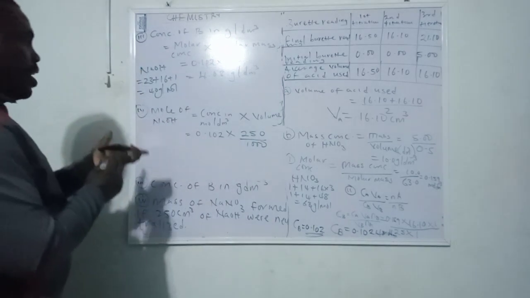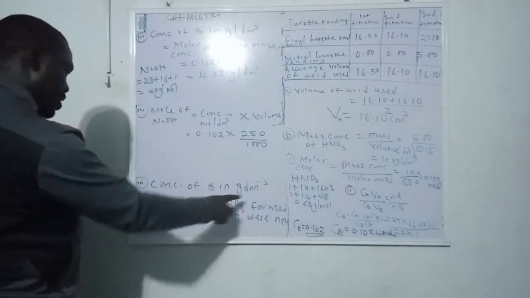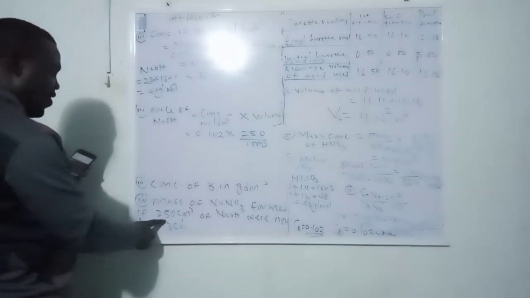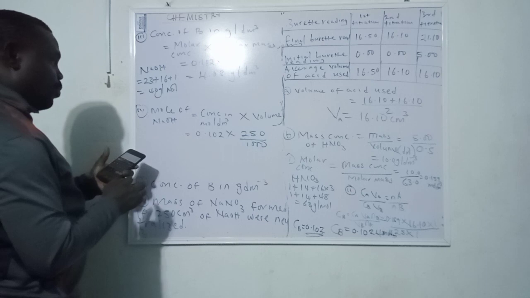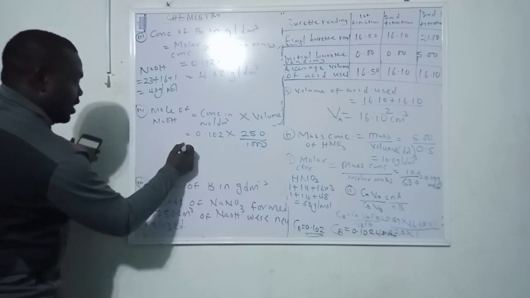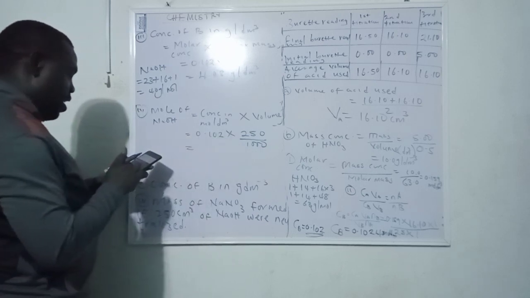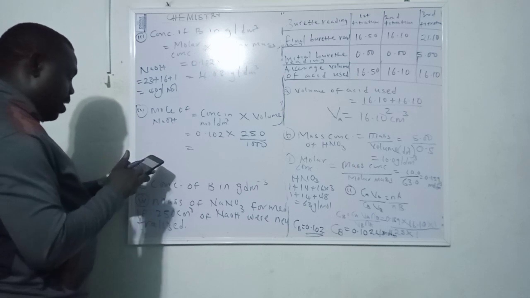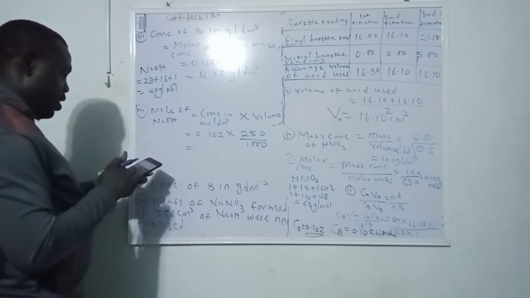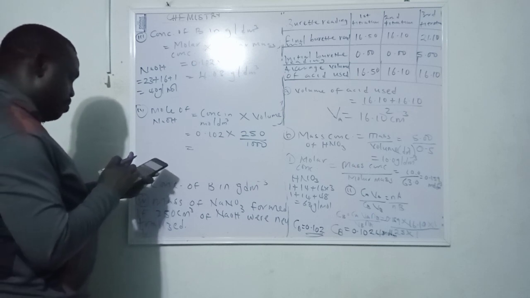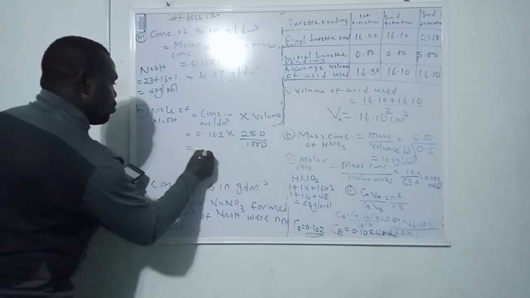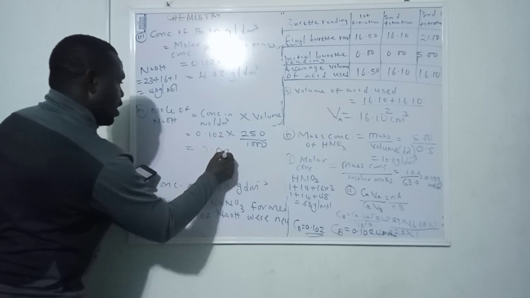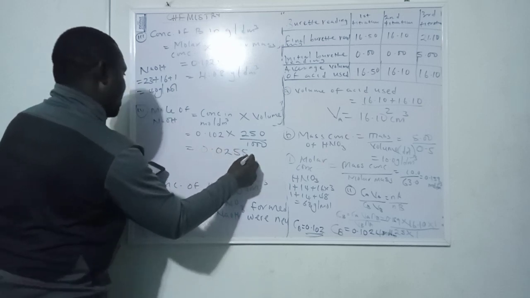You may ask how? We're given the volume in cm cube, so I have to convert to dm cube. I told you always solve in dm cube. So this is now 250 divided by 1000. That will give you 0.25 multiplied by 0.102. I have to be meticulous about what I'm doing, and this is what you get.